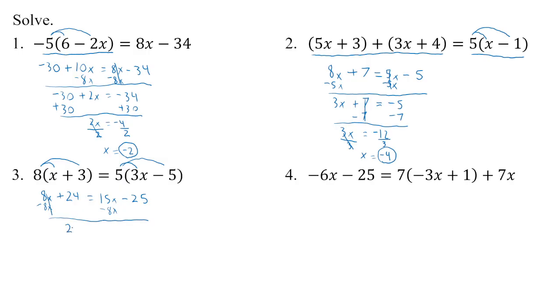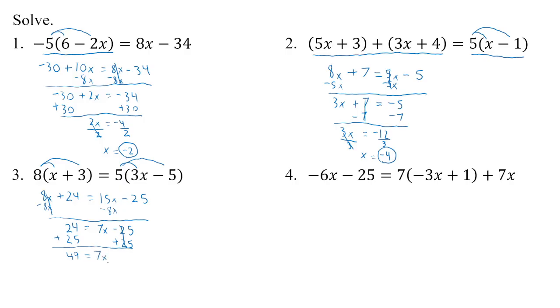So we subtract 8x from this side and subtract 8x from this side. So we bring down the 24. 15x minus 8x is 7x. Bring down minus 25. So now we're going to add 25 to this side and this side. 24 plus 25 is 49.